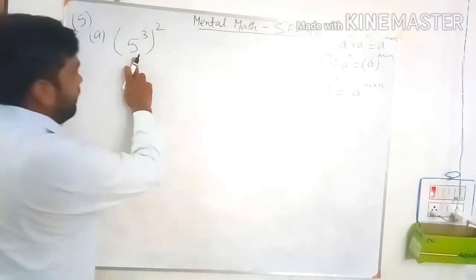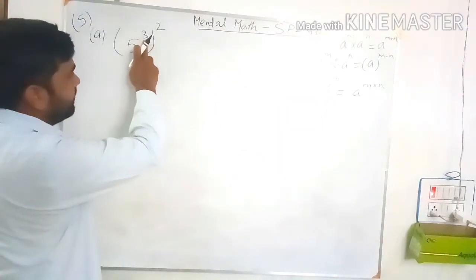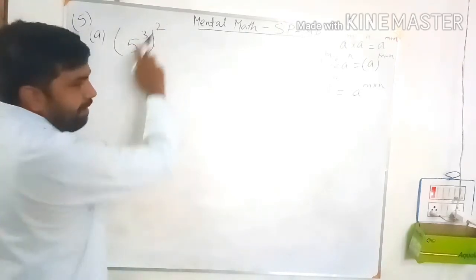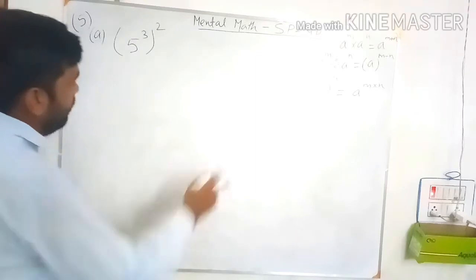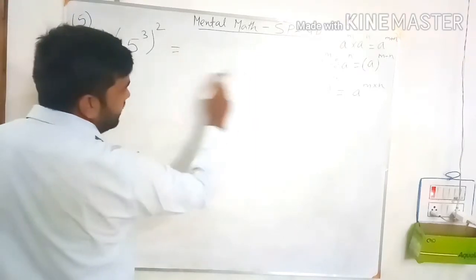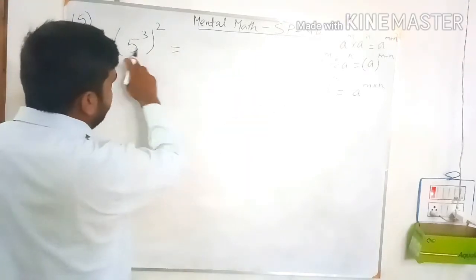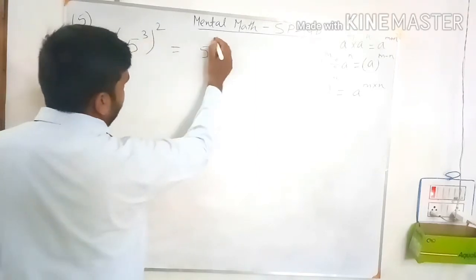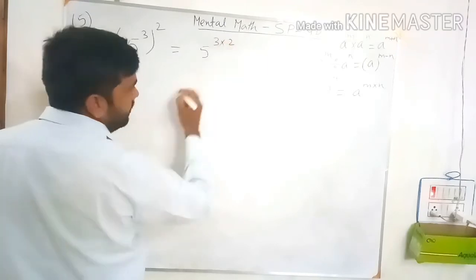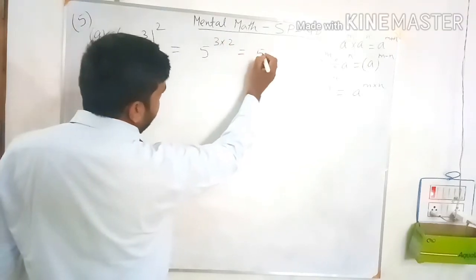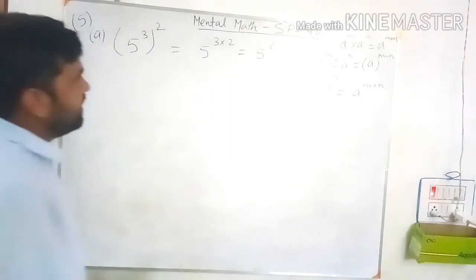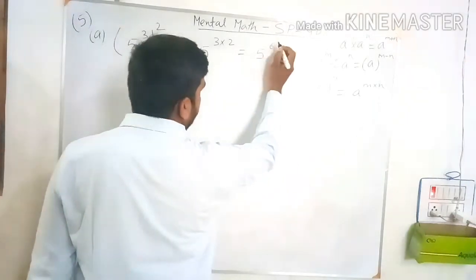See, base is 5, there is one index 3 and there is a second power 2. That is the power over power. So by applying the power law, take the base common 5 and multiply the power 3 into 2. So what will be the answer? 5 to the power 6.